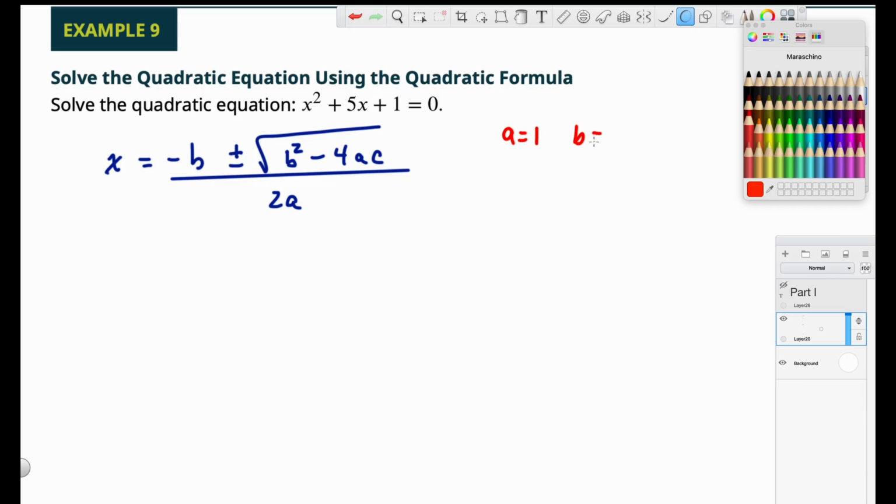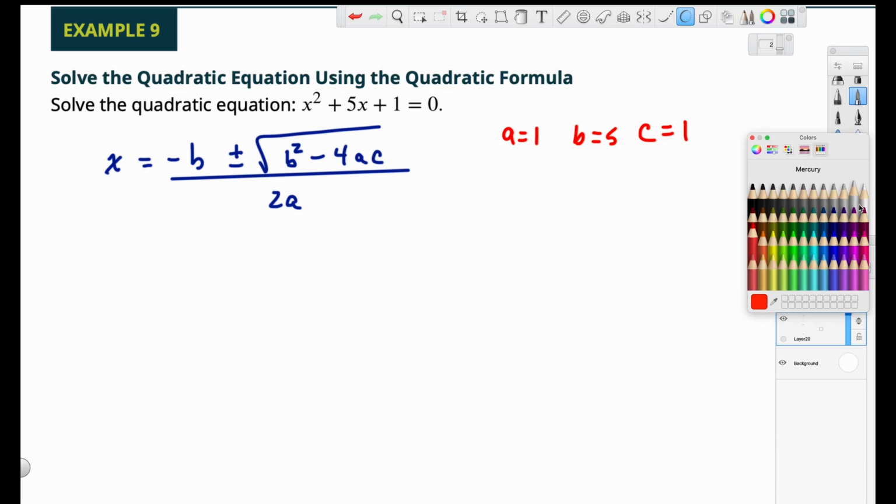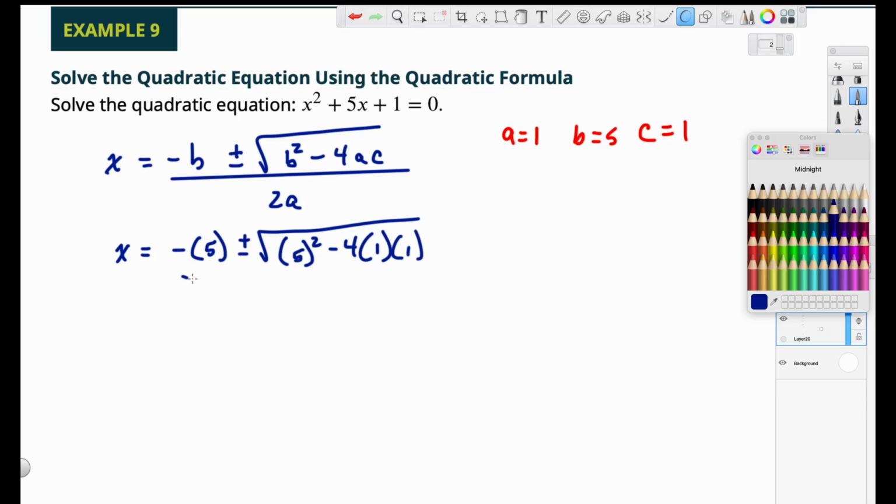B is 5, the coefficient in front of the x term. And c is our constant term, which is 1. So we are going to substitute, and I recommend using parentheses anytime we substitute. This helps us keep our negatives straight. 5 squared minus 4 times 1 times 1 all over 2 times 1.